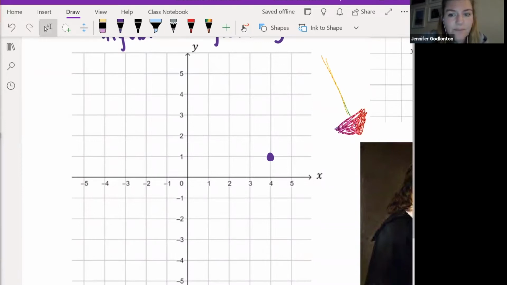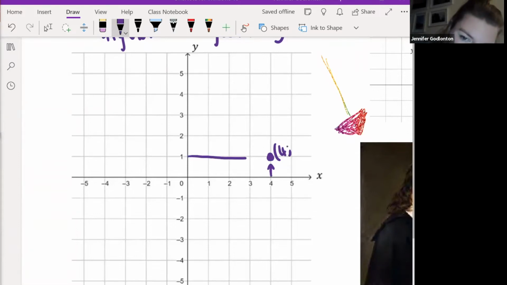When it's coordinates, we need something that's important. Brackets, yes, Roma, brackets. Beautiful. Okay, so if I was going to go through these coordinates, I would say my x value is 4 and my y value is 1. Okay, so we go x and then we go y.